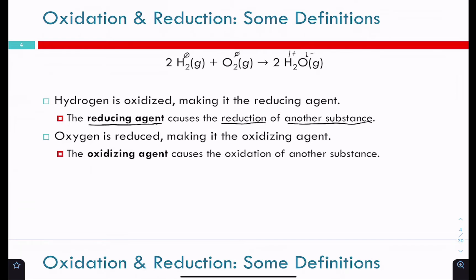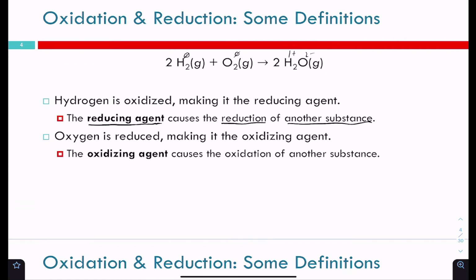So these are very confusing because it's like a flipping of the terms. Always identify what's being oxidized and what's being reduced first. Then, whatever is being oxidized is the reducing agent because it's losing those electrons to the other agent in the solution. And whatever is being reduced is the oxidizing agent, because reduction is gain, so it's gaining electrons from the other one.